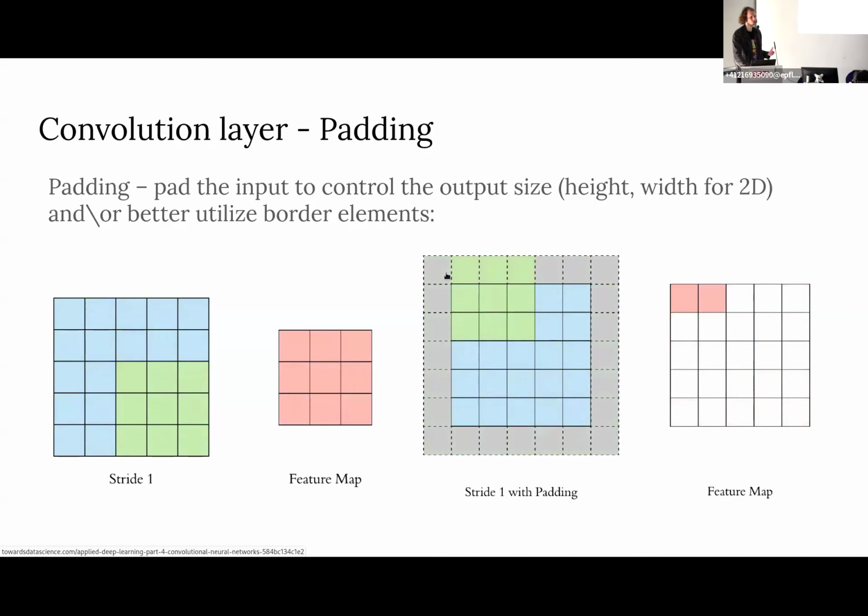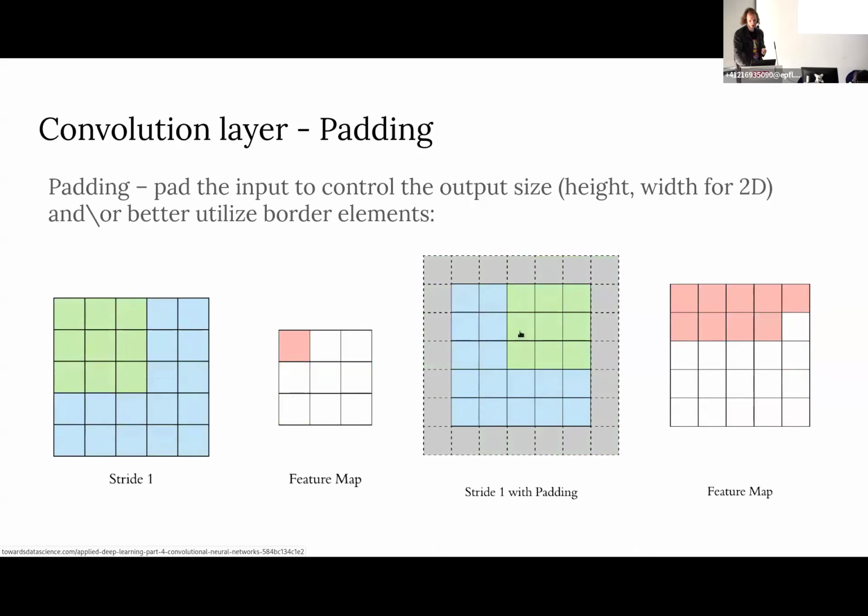You can pad with zeros, you can pad with some constant value, you can pad with reflection, meaning that this element will be the same as this one. It's again up to you. But the goal of padding is that you add some other values on the corners, on the edges of your input to make the filter overlap a bit differently to have a larger feature map.